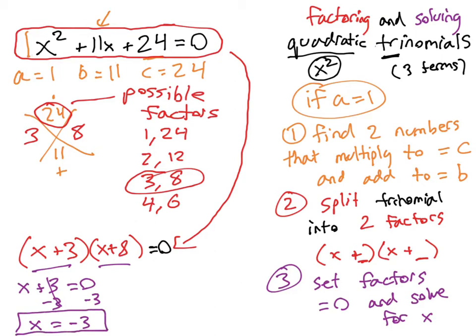So that's one of our possible answers. If we set this other factor equal to 0 and solve for x, then another possible answer is x could equal -8.